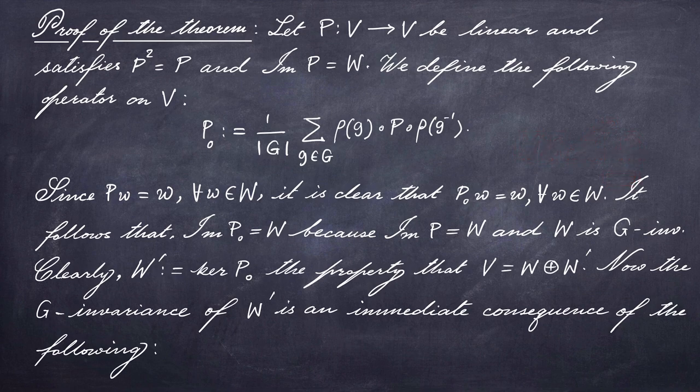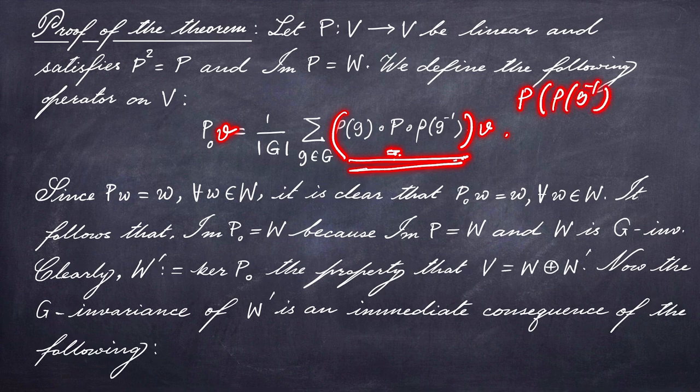Now on the other hand, for any v, P naught v is the sum of all these. Since P is there and the image of P is W, and W is G invariant, it happens that all these summands are in W. Therefore the image goes inside W. I repeat: the first is rho g inverse v.